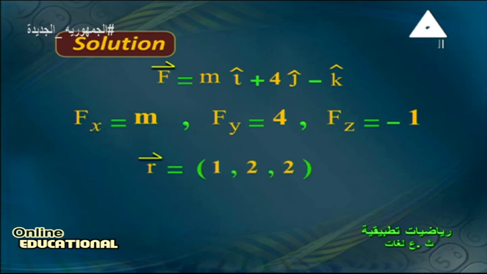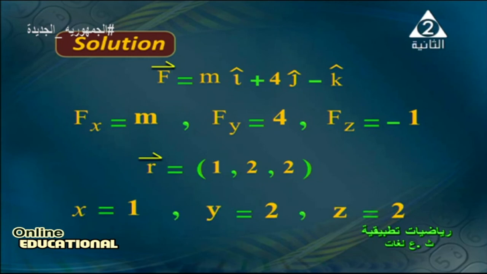And the position vector r equals 1, 2, and 2, x equals 1, y equals 2, and z equals 2. Then, what is the component of the moment of the force about y-axis?